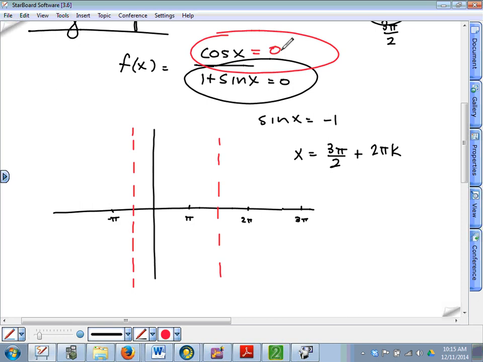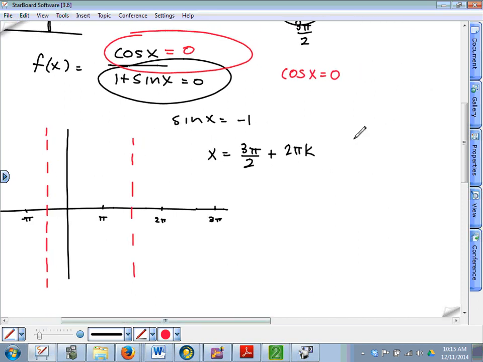Cosine is 0 at pi halves and 3 pi halves. Cosine of x equals 0 at pi halves and 3 pi halves. Alright, let's see. We have an x-intercept at pi halves, but also one at 3 pi halves.